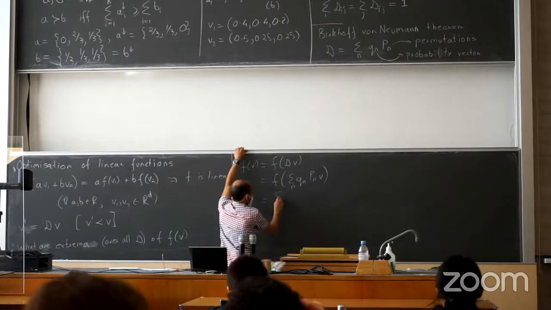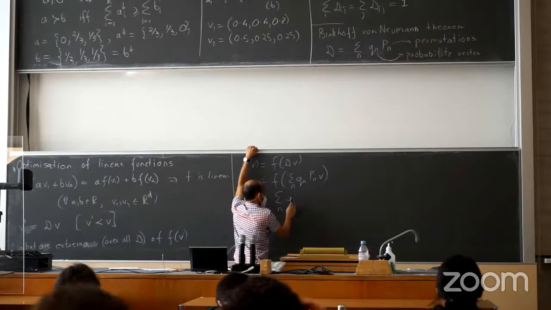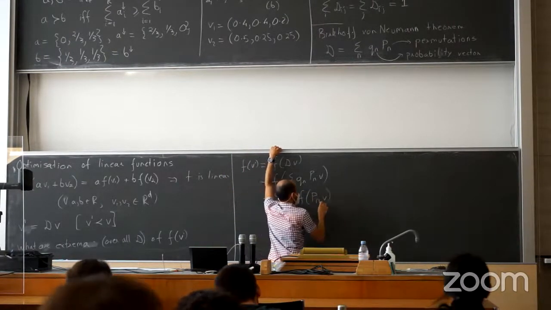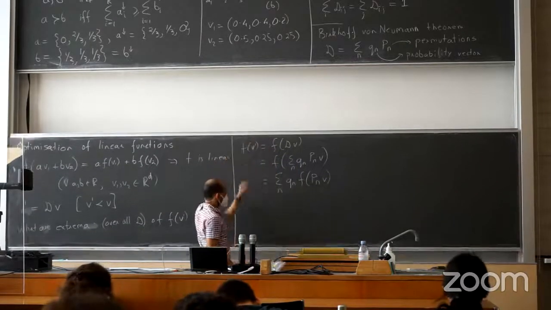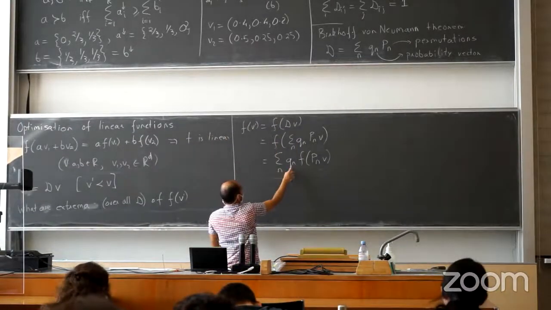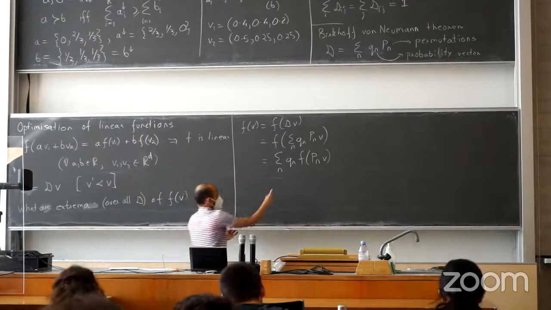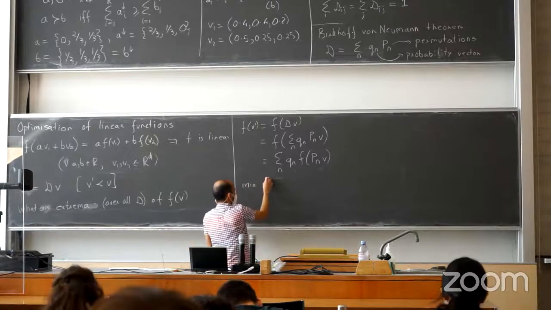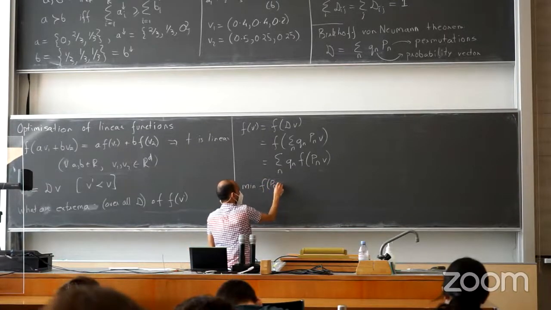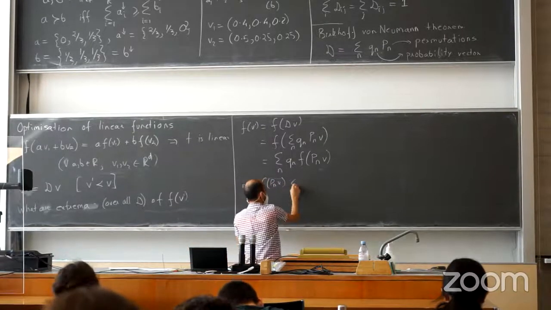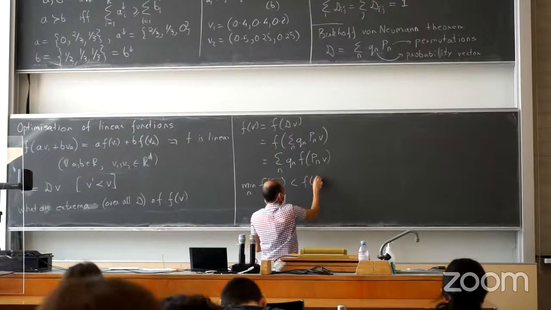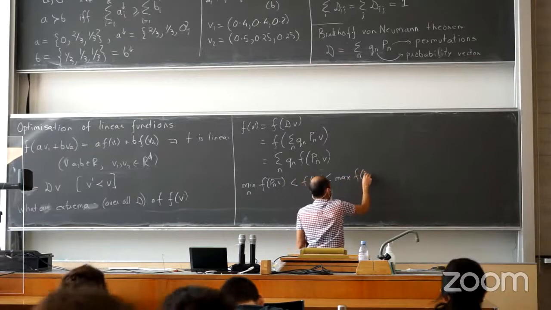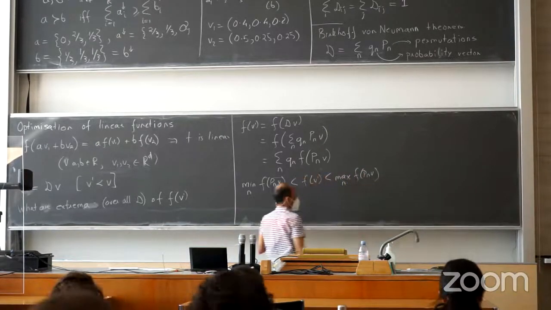So I'm going to end up with the sum over n of Q_n times the function acting on the permutation of B. This is now a convex combination because Q_n is a probability vector, which means that the minimum of f of P_n B over all n is going to be less than or equal to f of B prime, which is going to be less than or equal to the maximum of f of P_n B over all n.